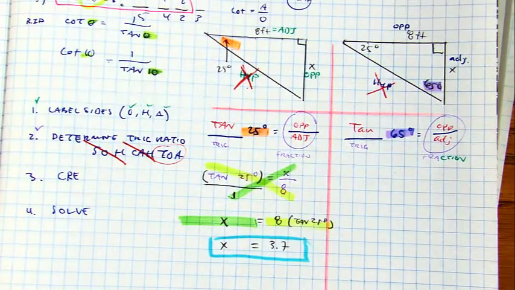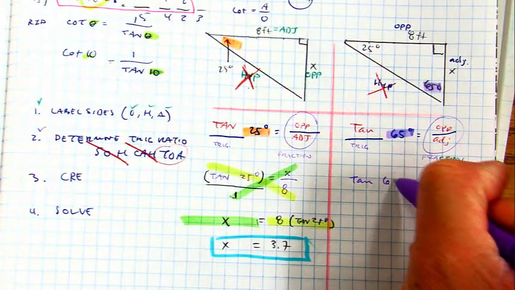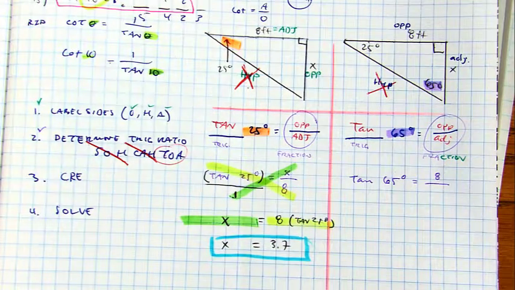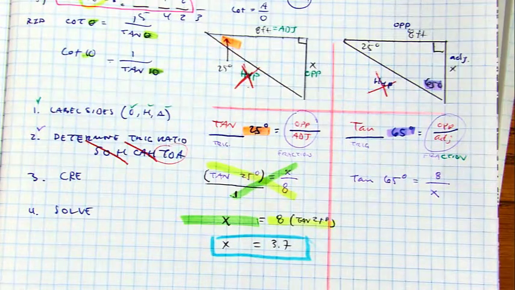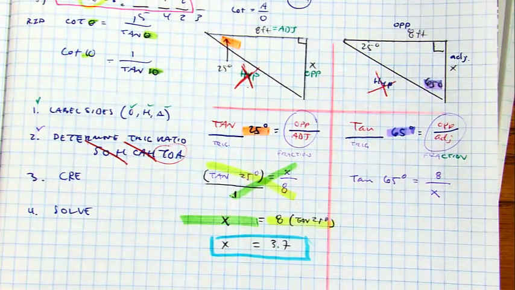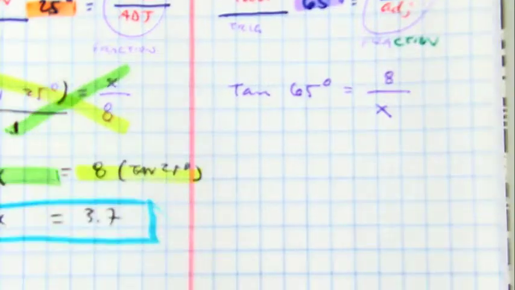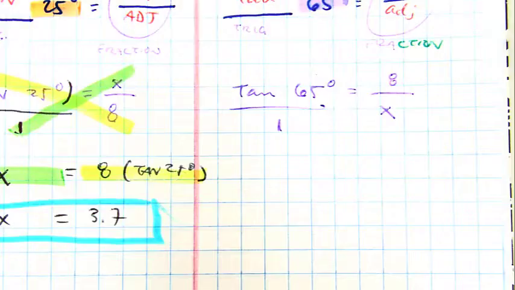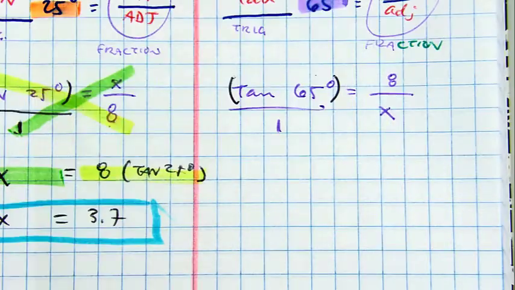Daphne, what is the opposite side? And your adjacent? Daphne, how do you make tangent of 65 a fraction? Correct. Remember, if you get stuck here, treat this like a dating couple. Better, married couple.